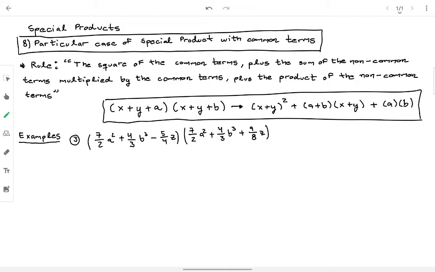We need to put those that are common terms, in this case these two of them.